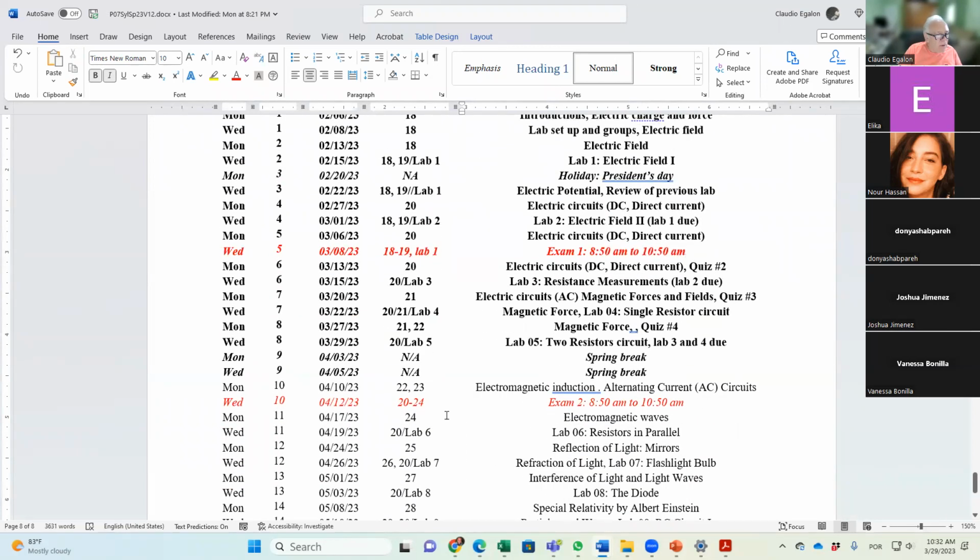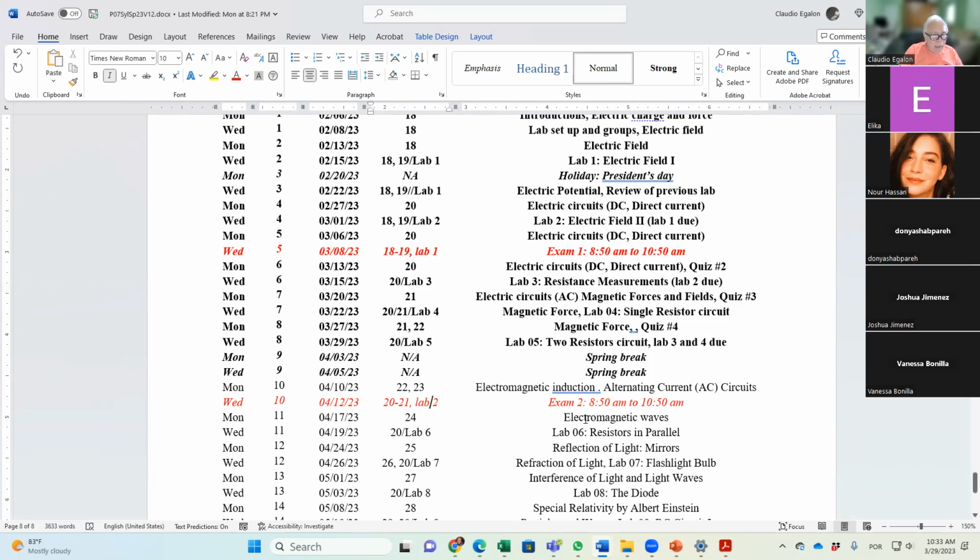Good. Now this one is gonna be 20. Oh, it's not gonna go all the way down to 24, right? It's gonna be to 21. The only thing that's left is Ampere's law. 20, 21, lab 2. Okay, I'm gonna give you lab 2. I'll give you a break. I'm not gonna ask for lab 3 and 4.